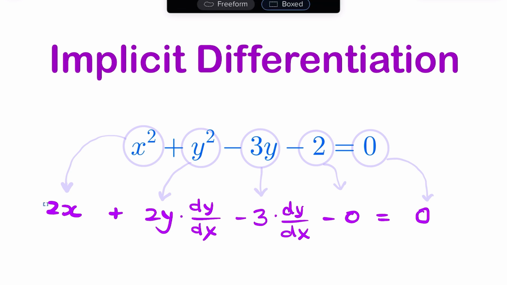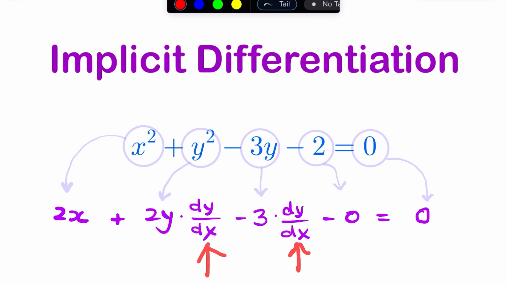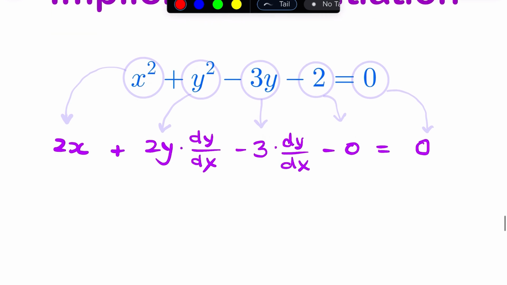So here it looks like we've found dy by dx. But actually we haven't found it. We've created an expression that contains dy by dx. In order to actually find dy by dx, we're going to need to rearrange this expression so that we have dy by dx on the left equals something else on the right.